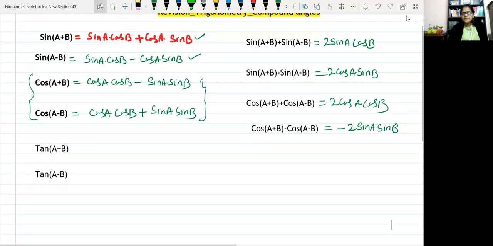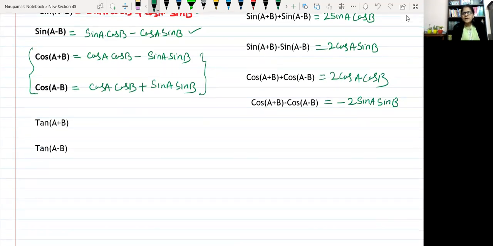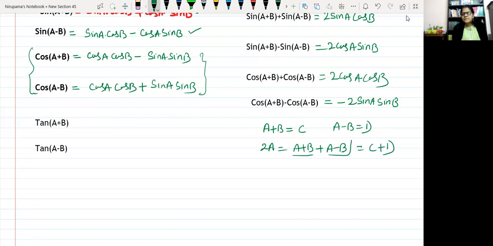Going further, as we have seen A plus B and A minus B, suppose I write A plus B equal to C and A minus B equal to D. Now 2A is A plus B plus A minus B, which means C plus D. So A equals C plus D by 2.